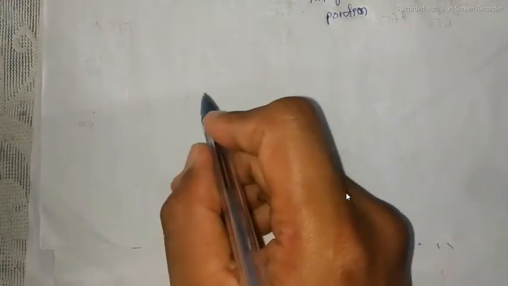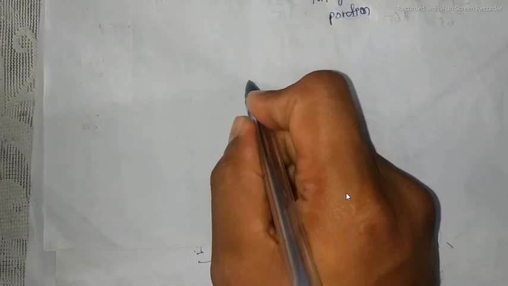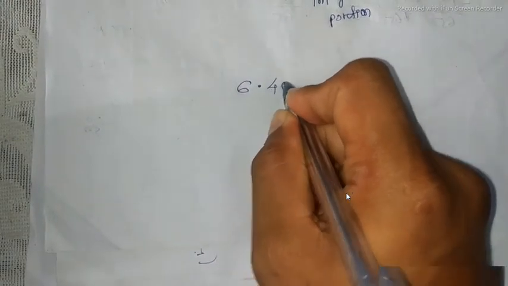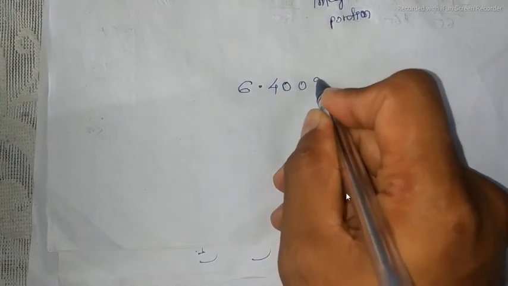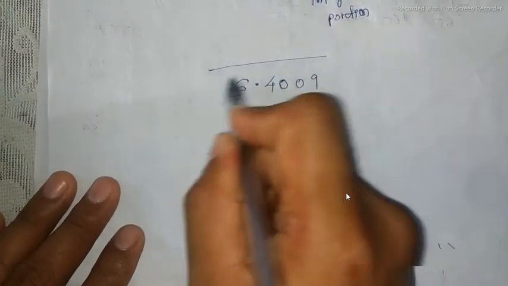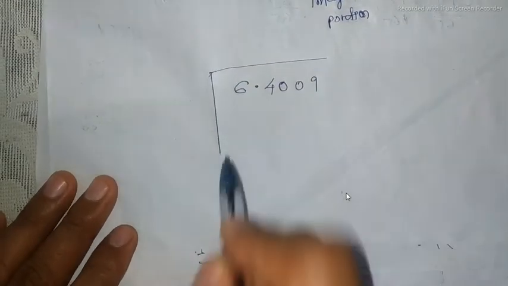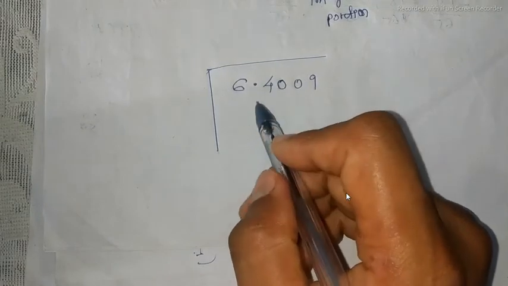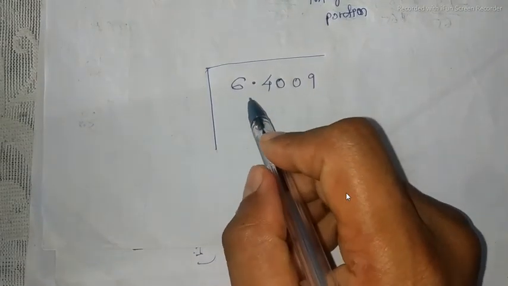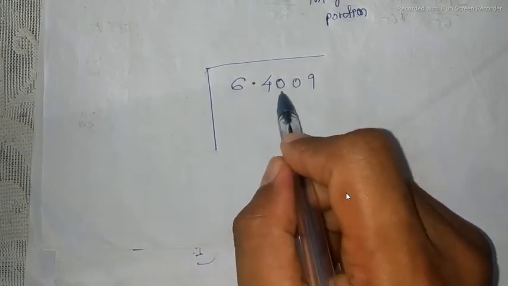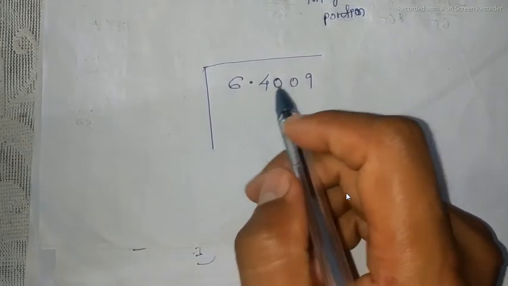So let us take our first example, 6.4009. Like the previous one, our first step is pairing. Here the slight difference is we have to do both types of pairing, one in case of the integral portion and one in case of the decimal portion.